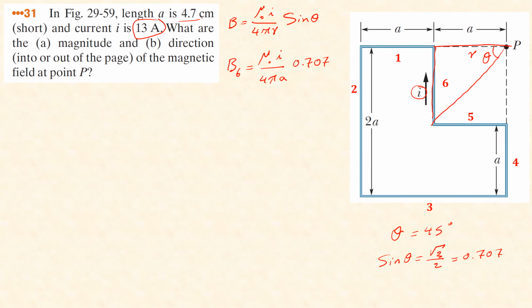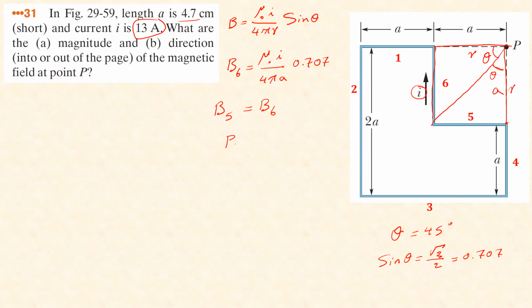What about 5? B5. You see the perpendicular distance to the end is this r, the same as A, isn't it? And the angle is also 45, so it will be the same. B5 will be the same as B6.